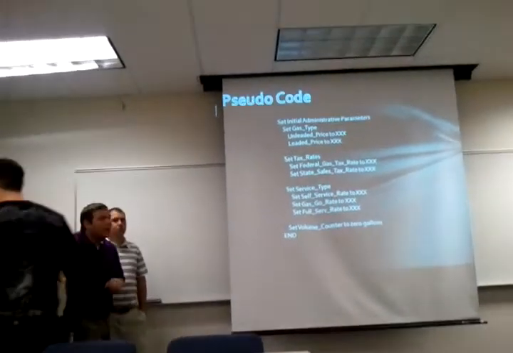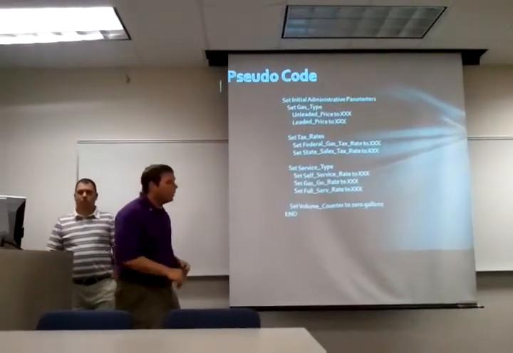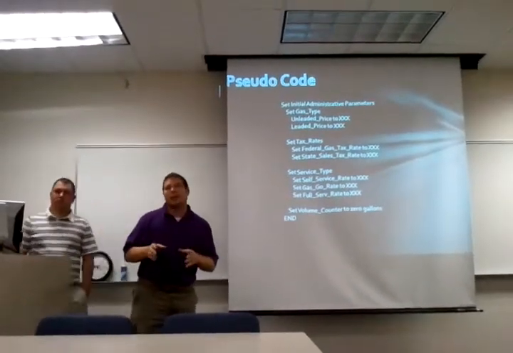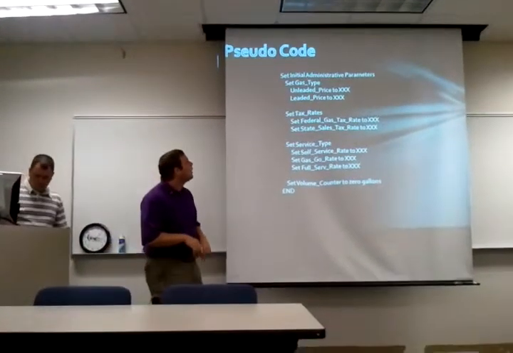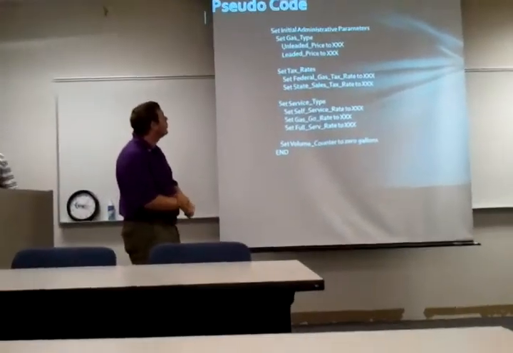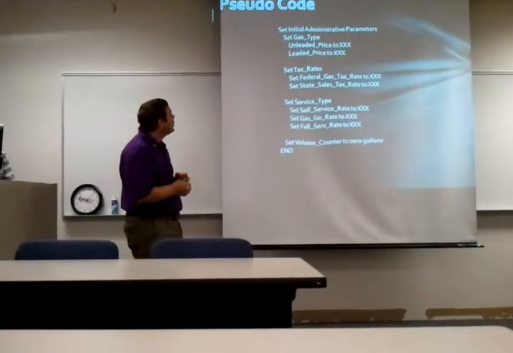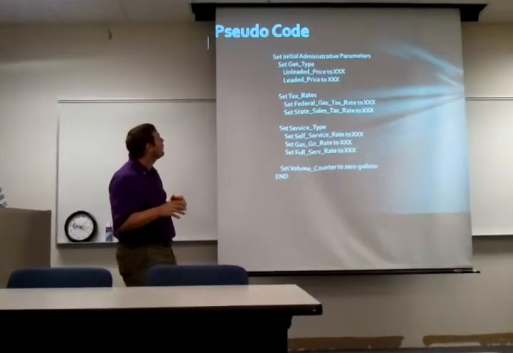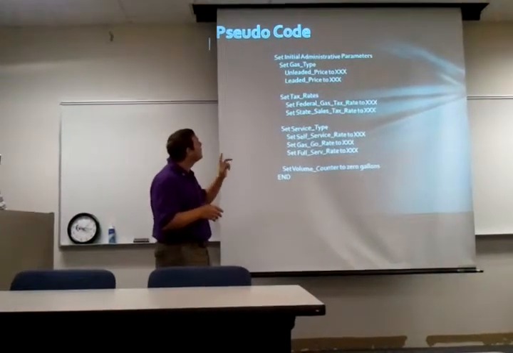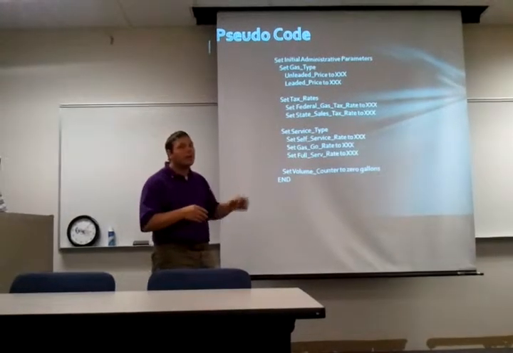Okay, so now that we've got our IPO chart pretty much done and ironed out, we went ahead and did the pseudo code. The pseudo code is going to be several different slides. We actually started by setting the initial administrative parameters.